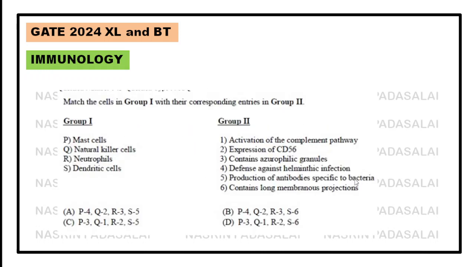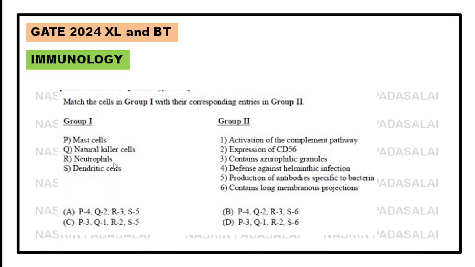Next is a match the following type of question. Mast cells provide defense against helminth infection. So P is 4, and you can simply eliminate C and D. Next, natural killer cells express CD56. So Q is 2. Both options have Q as 2.